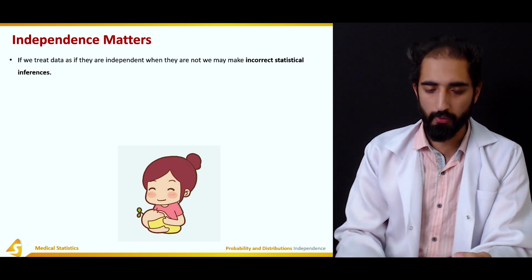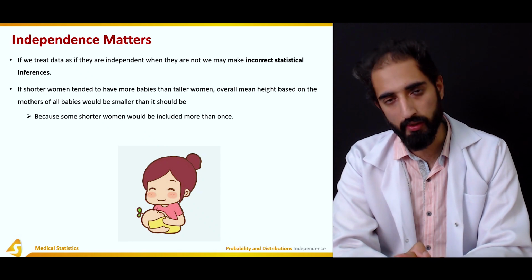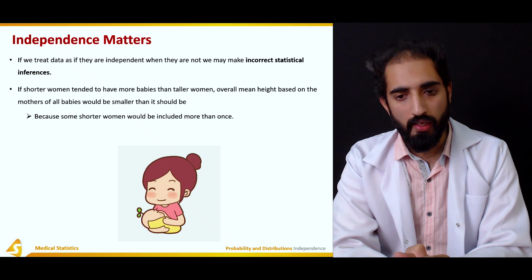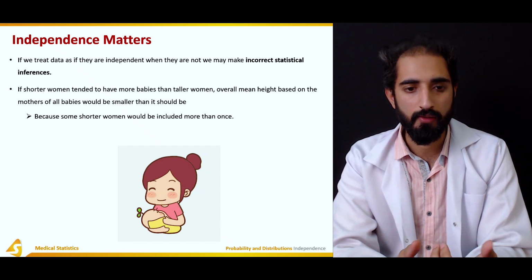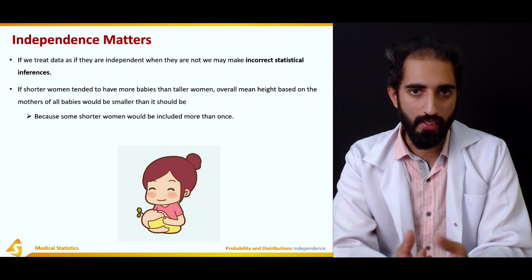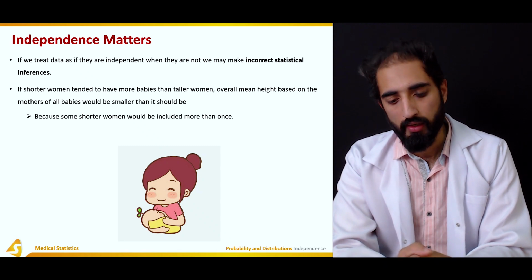So let's take an example to understand that. For example, we have a pool sample in which we are conducting a study, and we want to find out the mean height of all the mothers in the sample or in the population. So that is simple.